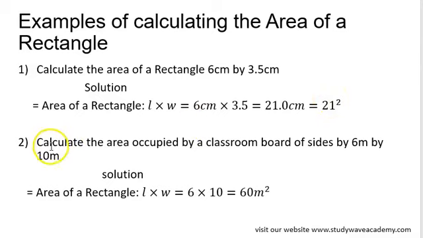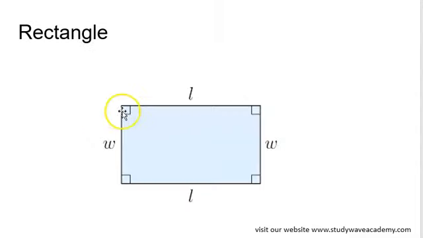Our number two, we have calculate the area occupied by a classroom board of size 6 centimeter by 10 centimeter. Okay, we first of all write out the area of our rectangle formula. Okay, the length is 6 centimeter and the width is 10. So we are to do what? Multiply it.